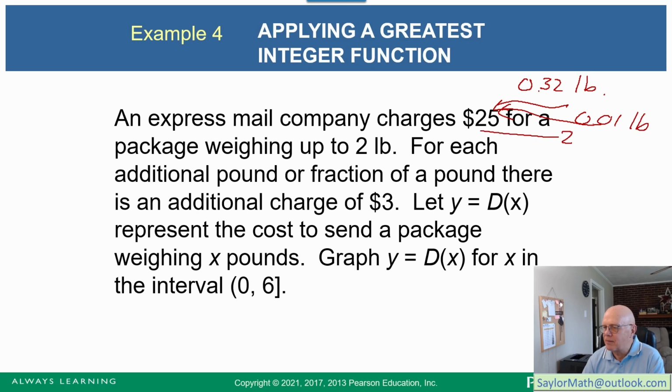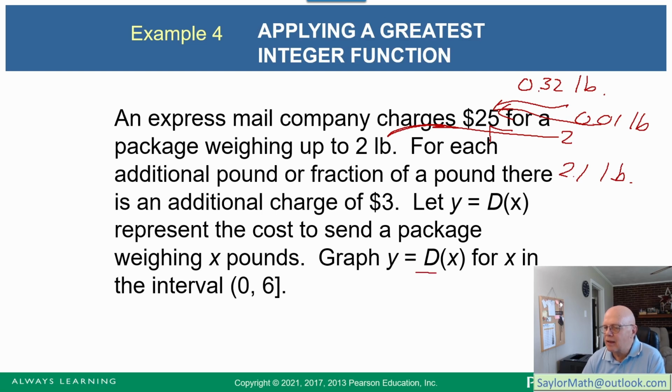At 2 pounds, you're still paying the $25. Once you get over that, things change. So 2.1 pounds, what happens? Well, it says for each fractional pound or fraction of a pound, there's an additional charge of $3. So y equals d of x represents the cost.